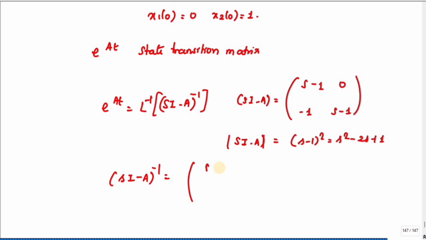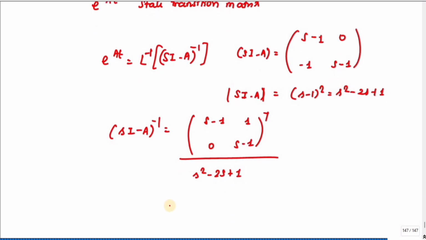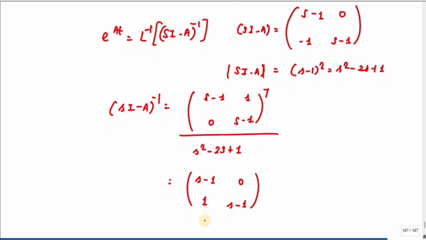So how to find (sI minus A) the whole inverse? You have to take the cofactor. So s minus 1, 1, 0, and s minus 1 is your cofactor, and you have to take the transpose of that one, and divide it by the determinant value. So if I take the transpose of this one, I will get the answer like this.